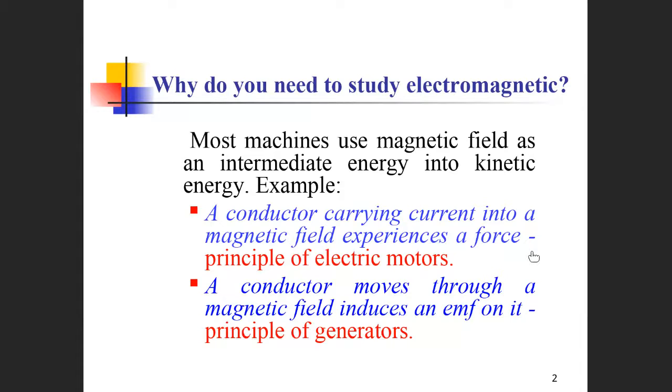A conductor carrying current means there is a current, and the current produces a magnetic field.